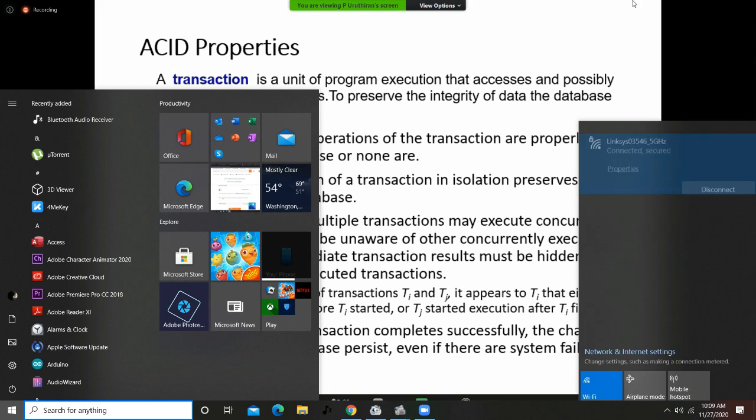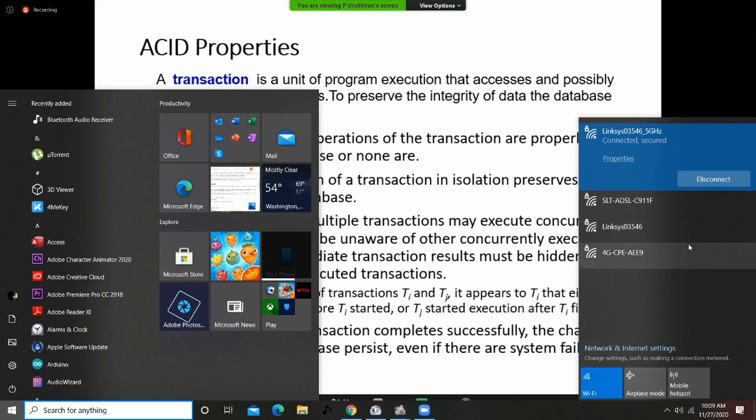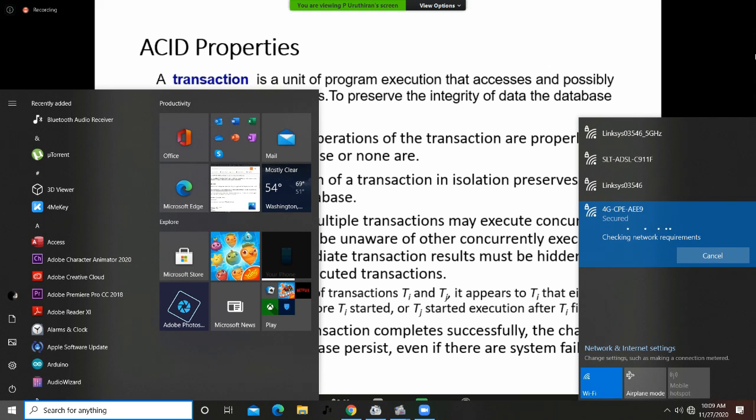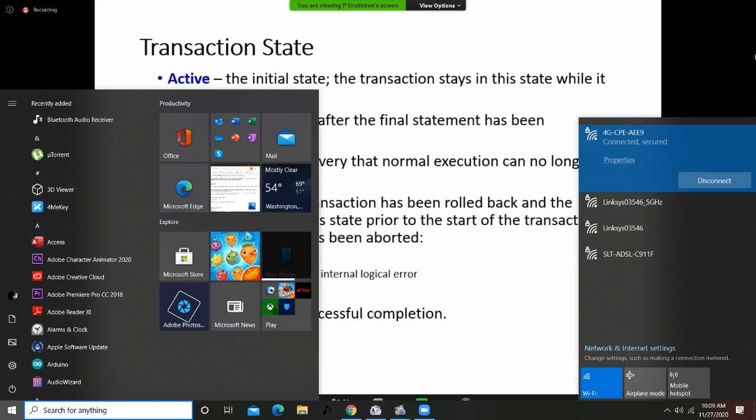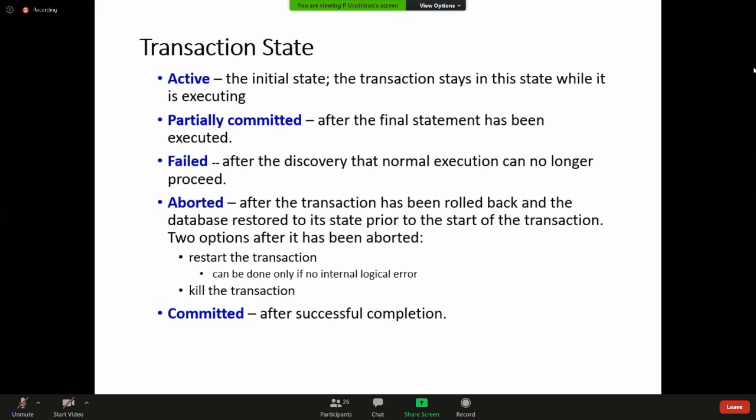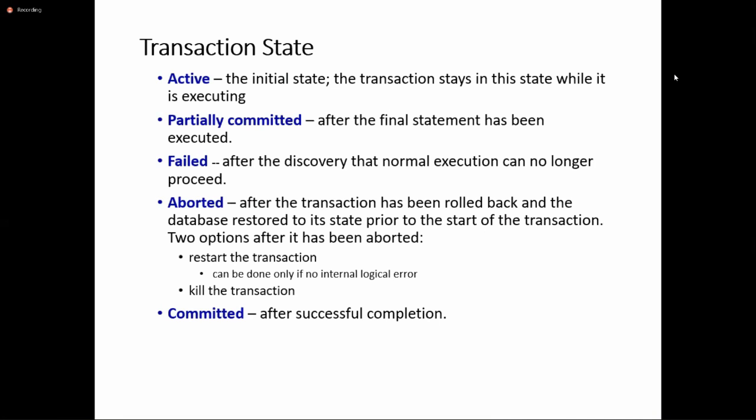We use this transaction state. As we noticed earlier, the transaction should complete execution successfully.